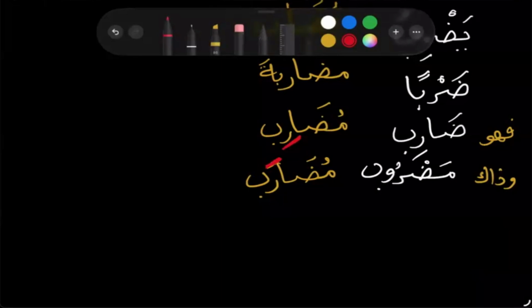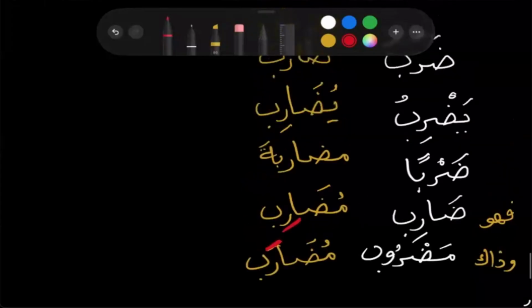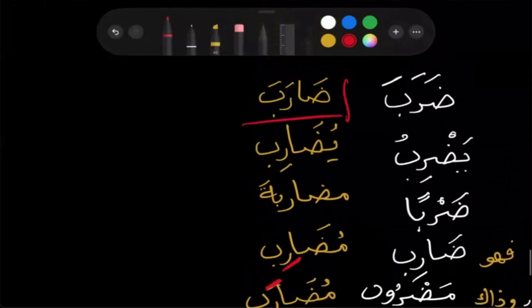So here's the rule. Whenever you have more than 3 letters in the past tense, looks like maybe that's something the Kufis might use for their arguments. We keep going back to the past tense to determine many things. So it must be the source.